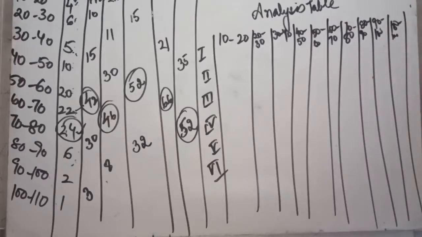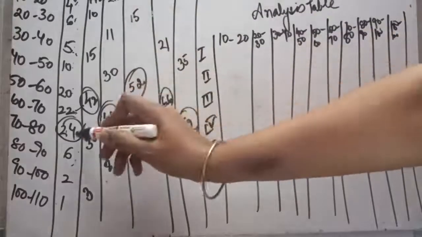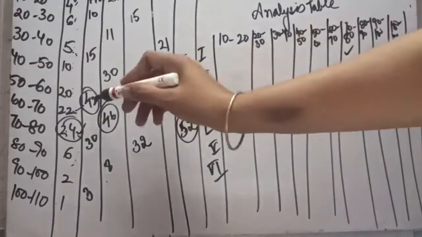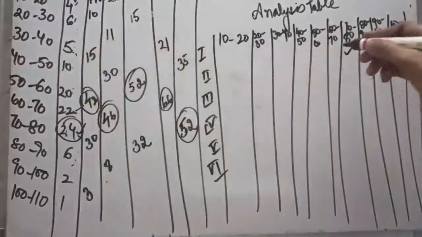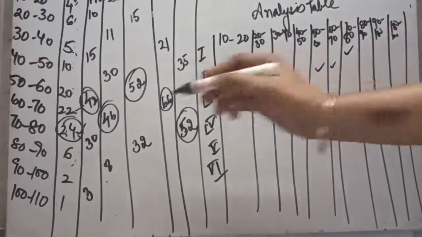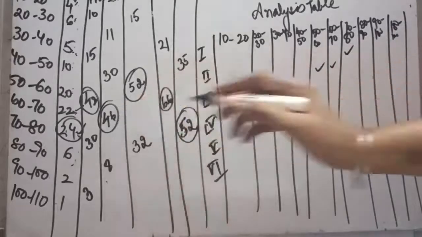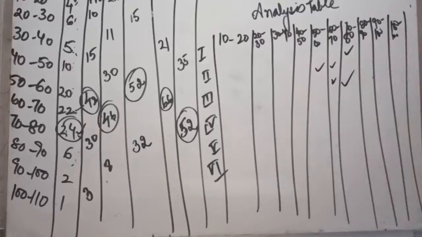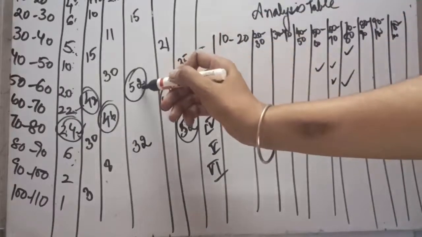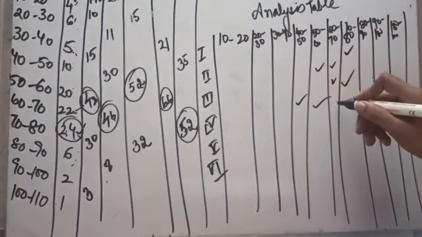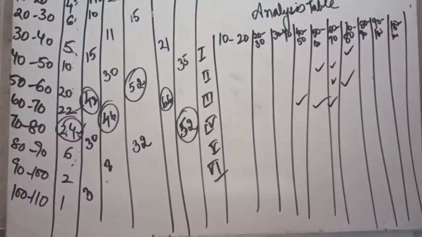Now in the first, you can see 24 is the maximum, that is in front of 70 to 80. So we will mark it here. Next is 42, that is the combination of 50 to 60 and 60 to 70. Next is 46, that is the combination of 60 to 70 and 70 to 80. Then is 52, which is the combination of 3, that is 40 to 50, 50 to 60 and 60 to 70.